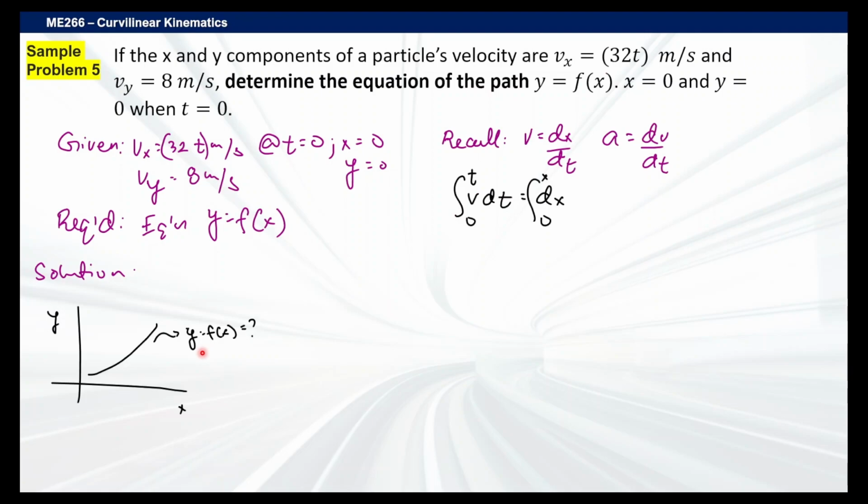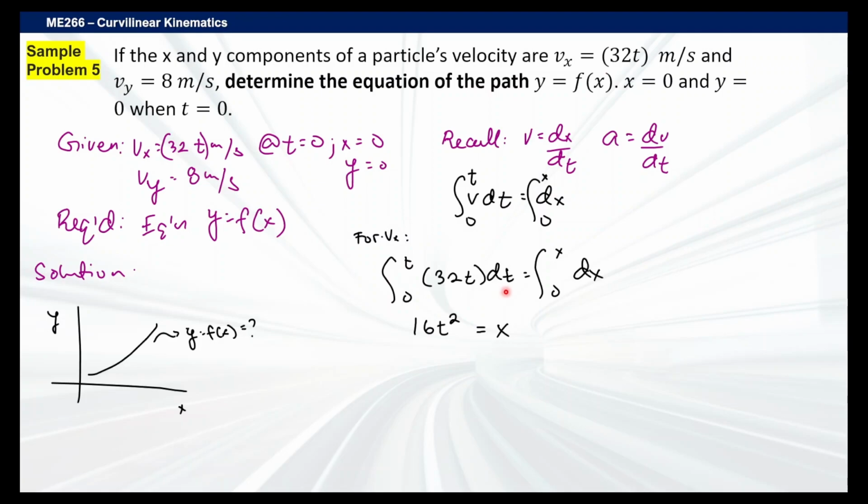Okay, let's find first... we're given the time at 0, so there must be a final time here, which will also be in terms of dt. Here we can determine dx and v dt by getting the integration of both sides, and we substitute it. So for vx, that will be 32t dt.